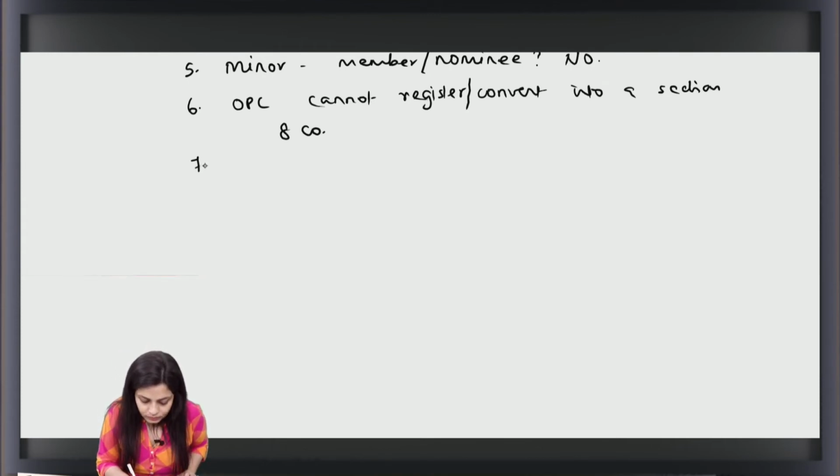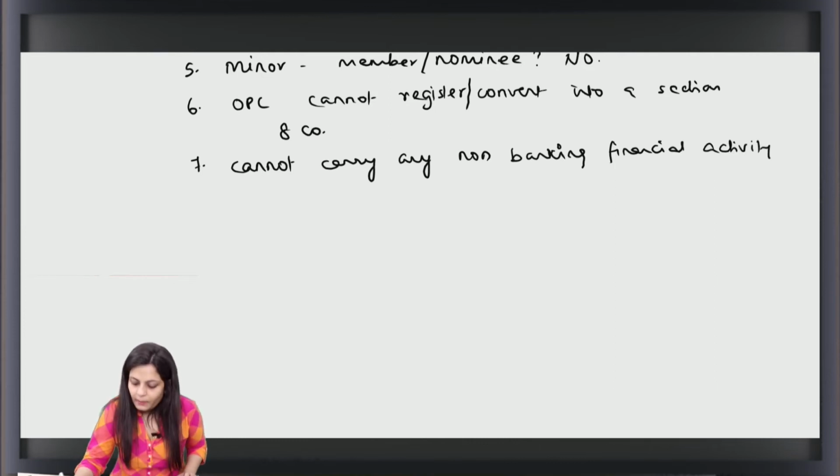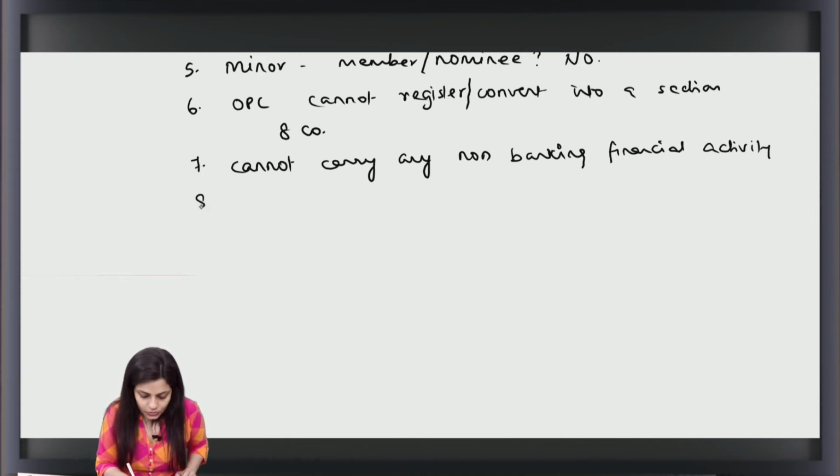Then it cannot carry on any non-banking financial activity. Means what? It is not registered as a banking company, but it is doing what? Financial services. It's carrying on financial activities. That is known as non-banking financial activity. That is, I am not registered as a bank, but I am still carrying on financial activities. It cannot do so.